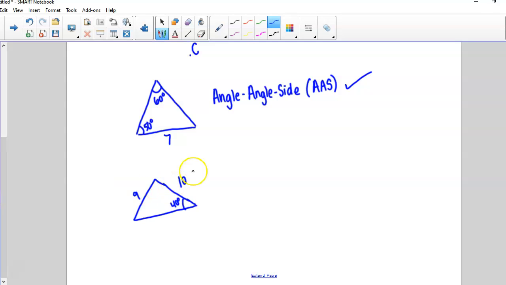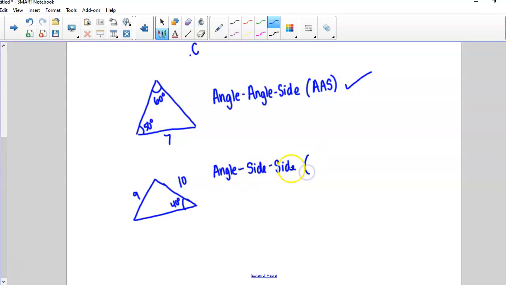Okay, in this case we have an angle and then two sides. The angle is not between those two sides. This is not side, angle, side, but this is angle, side, side.